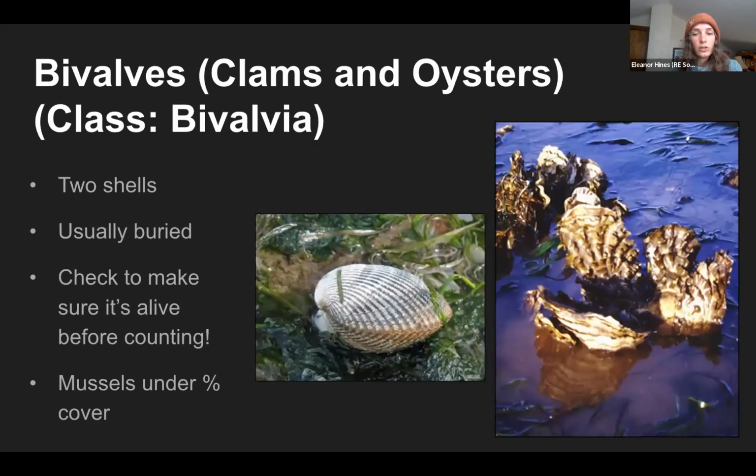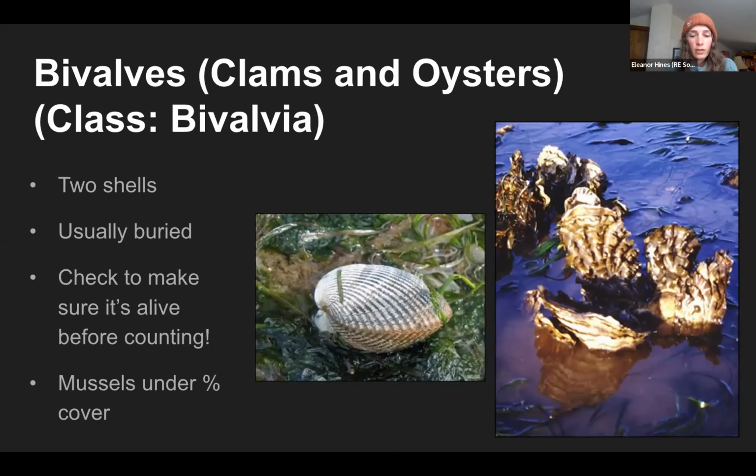Bivalves, which include clams and oysters. And so these have 2 shells. Just a quick reminder that mussels are counted in the percent cover. These also have 2 shells, but these are oftentimes buried, so it's not super common that we actually get to count them, but on occasion we do find them.